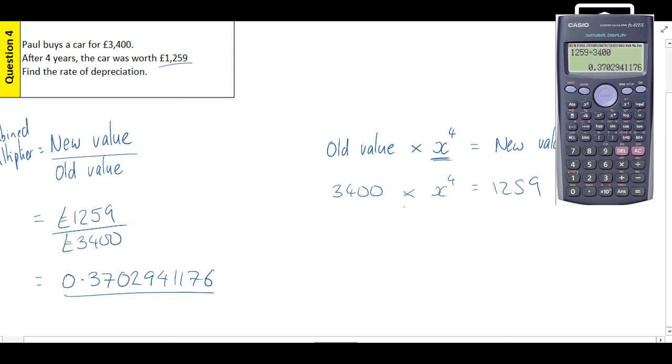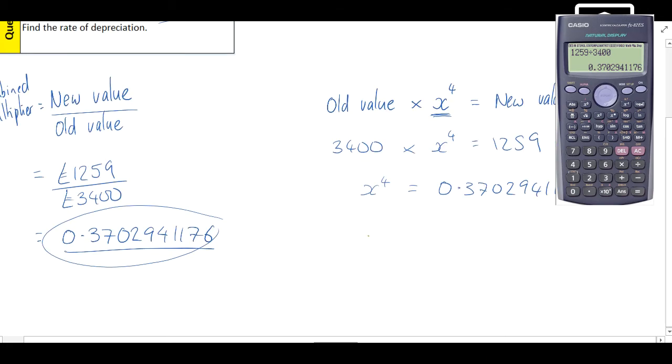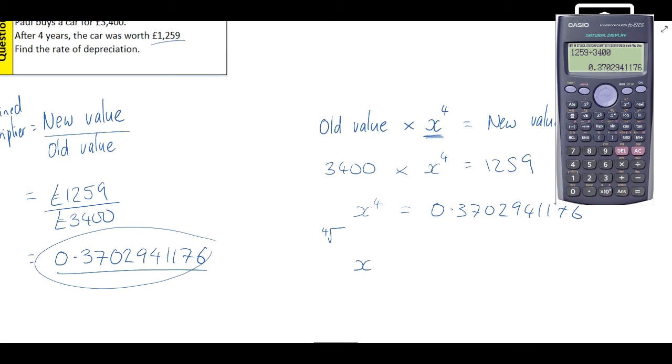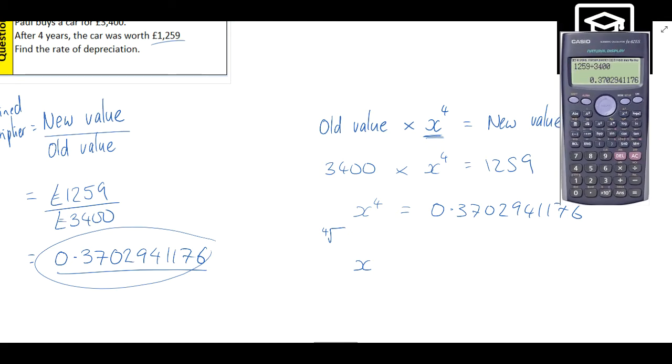Then what I've done over here is divide both sides by 3,400. So when I do that, I know that x to the power of 4 is 0.3702941176. To find out what x is, I'm going to do the inverse of doing something to the power of 4, which is to find the fourth root of that number.